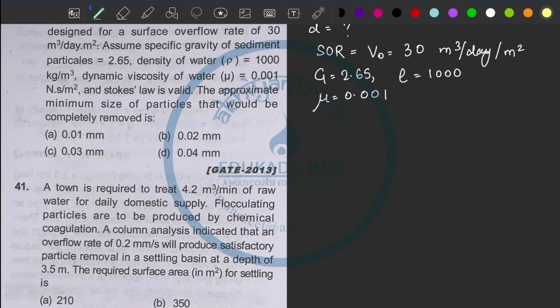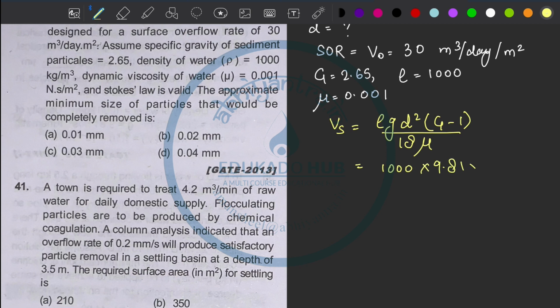So the Vs formula we can write as rho g d square (G minus 1) upon 18 mu. Density is 1000. g value is 9.81. d square we don't know.